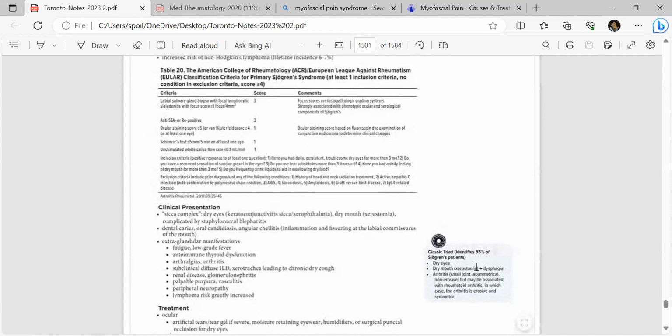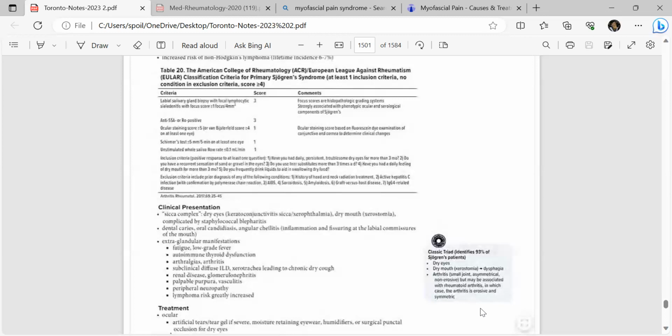The classic triad: 93% of Sjogren's syndrome patients will have dry eyes, dry mouth, which leads to dysphagia, and arthritis. That is small joint, asymmetrical, non-erosive, but may be associated with rheumatoid arthritis. As we just read above, it can be associated with rheumatoid arthritis, with SLE, and with HIV, in which case the arthritis is erosive and symmetric.